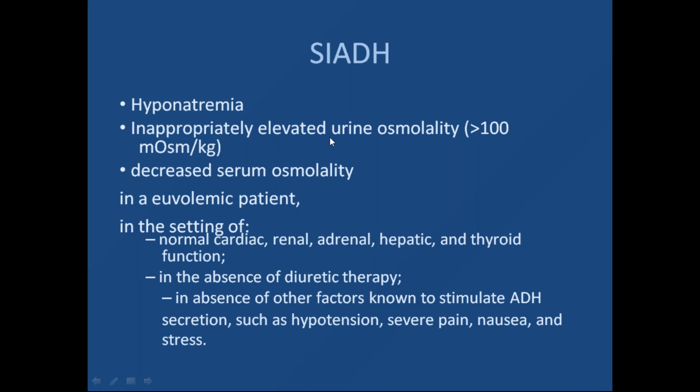When the volume of the water in the body is normal or even high, as we have discussed, there should be dilution, decreased urine osmolality, and diluted urine. But there is elevated urine osmolality, which is a paradox. So that's why it's called inappropriately elevated, greater than 100.